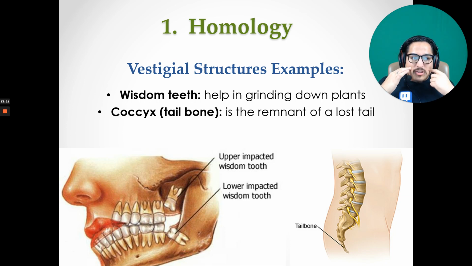You need extra teeth. You need a strong mouth. Now we don't, so we don't even have room. Our mouths are smaller. So whenever we get those teeth, they have to take them out because you don't have room. It's going to mess up all your mouth. It's going to hurt and everything. So we take them out.